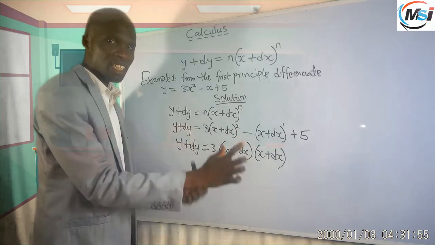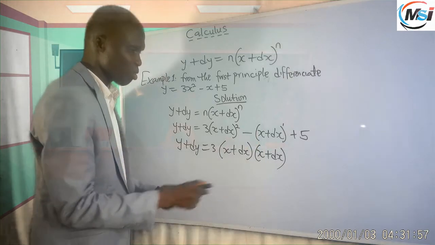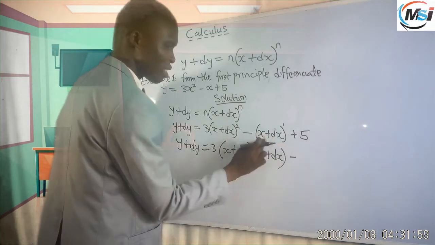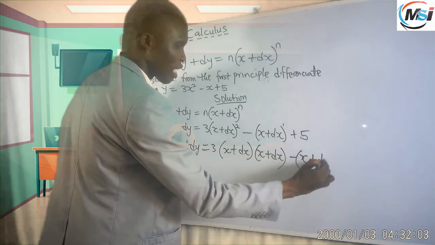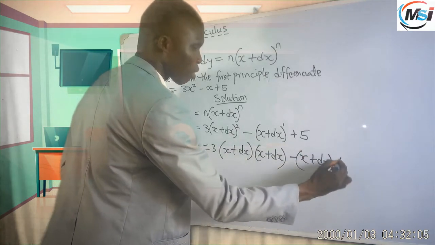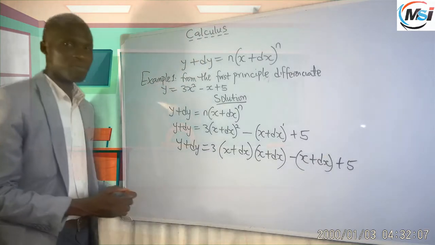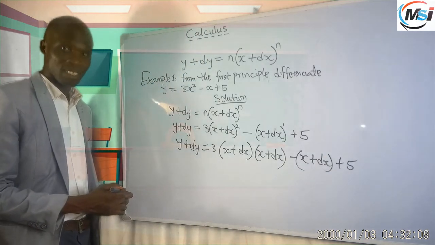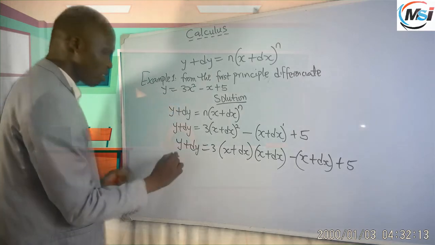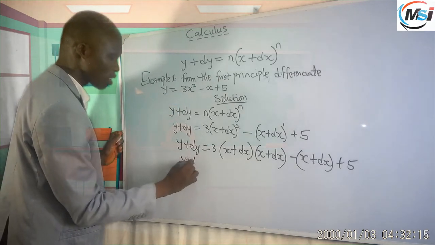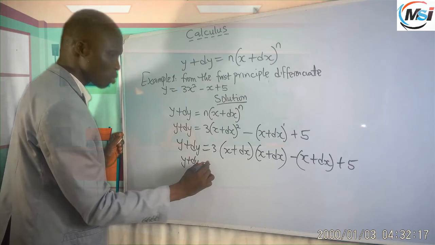That is x in 2 places. So this will give us minus this one, x, put it in bracket, plus dx, plus 5. It's getting tough. No, just calm down. Now, y plus dy equals 3.